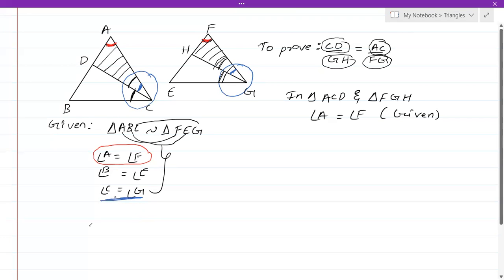Therefore, if the fulls are equal, their halves are equal. For example, if angle C is 100 degrees, G is also 100 degrees. But C is divided into two halves, so the top part will become 50 and the bottom part will also become 50. Similarly, the top part of G will become 50, and the bottom part will become 50. Therefore, we can say that angle HGF and angle ACD are equal.